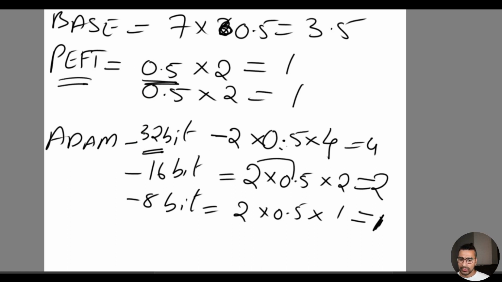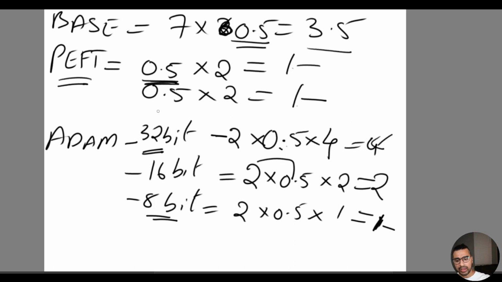Even for Adam, the memory requirement is decreased. So if you use, let's say, 8-bit with only half a billion parameters, you end up with 3.5, 1, 1, 1, right? 3.5, 4.5, 5.5, 6.5. Okay, so that's about the Adam.